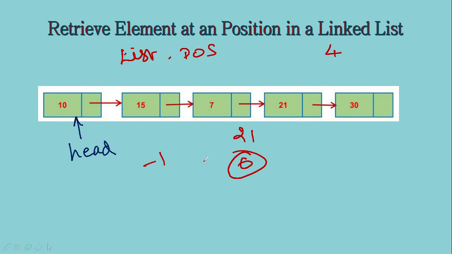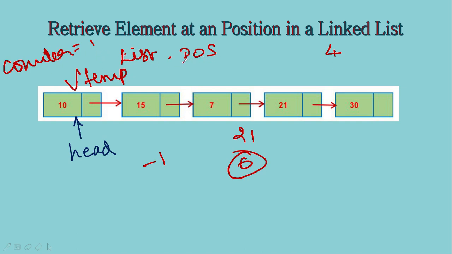So what we can do is, the first step, we can check whether the list is empty. In that case, irrespective of the position, we should return -1, right? Otherwise, we have a temporary pointer, initialize that to the first node, and then we can have a counter equal to 1. Then we check whether the counter value is equal to the position.